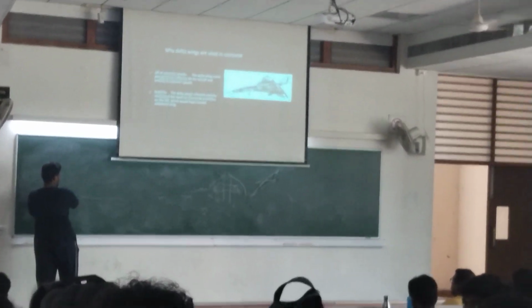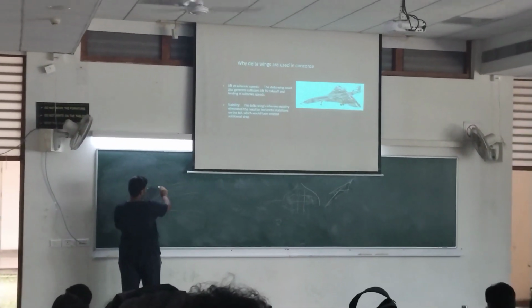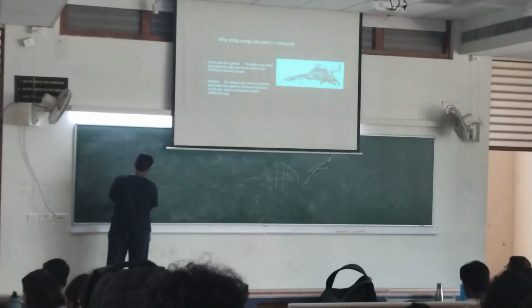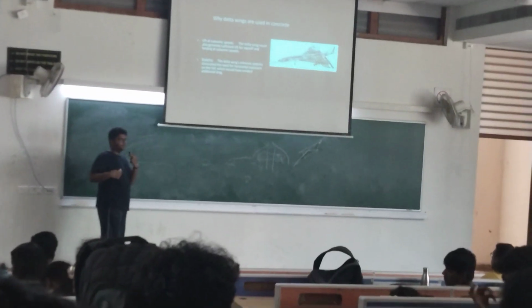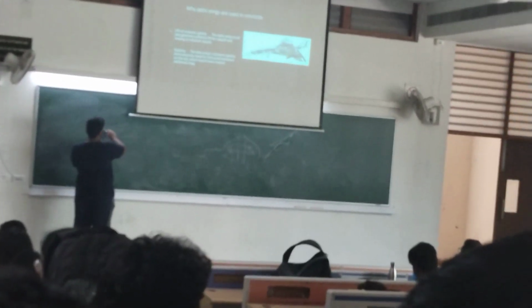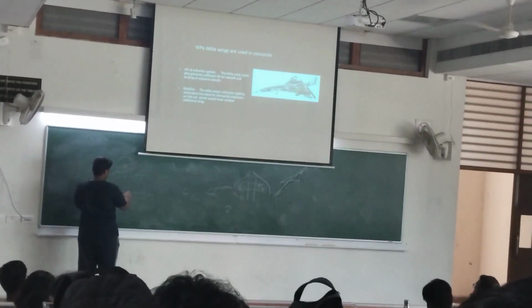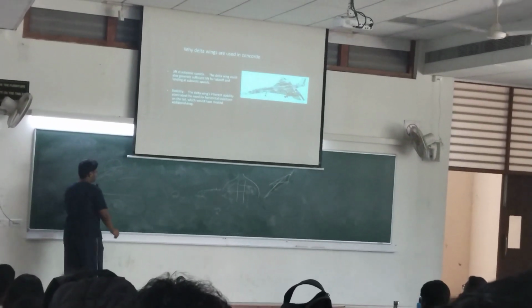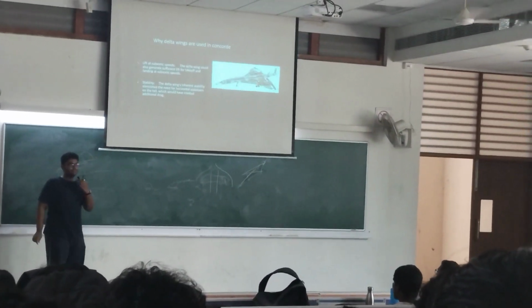How will the airflow be? It is designed in such a way that more air will flow on top of the wing compared to downwards. We know that if velocity is more, pressure will be less. So if more air is flowing through here, then there will be low pressure, and here will be high pressure. This difference in pressure creates lift. That's how normal planes work.